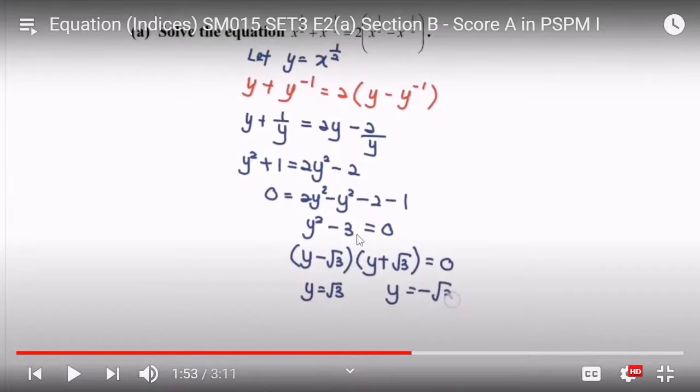Kalau ini 3, ini square root of 3, ini pun square root of 3. Kalau 2, ini square root of 2, ini pun square root of 2. Ini minus, ini plus. Faham tak cara nak factorize? So tak semestinya kena tekan calculator. Kalau you nampak pattern ni, ini cara dia untuk you factorize situasinya. Okay, so ini adalah nilai y yang you dapat iaitu square root of 3 and negative square root of 3.